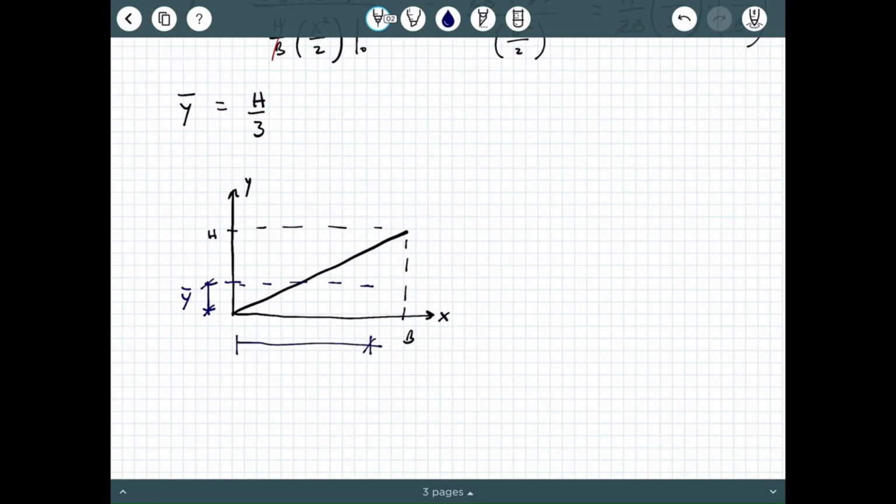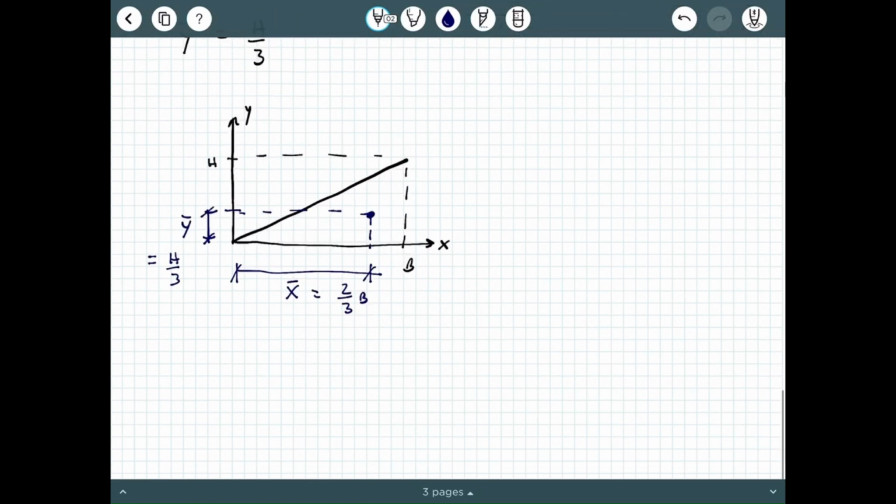And then X bar is about right here. X bar was 2/3 of B, and Y bar is H over 3. So there's my centroid, okay?